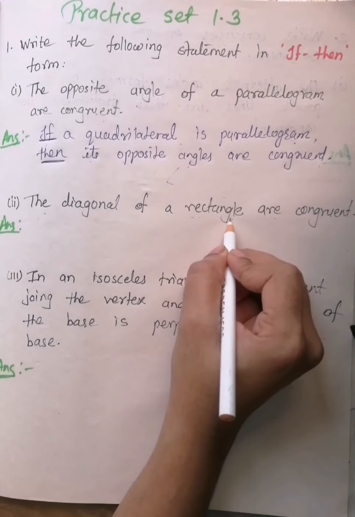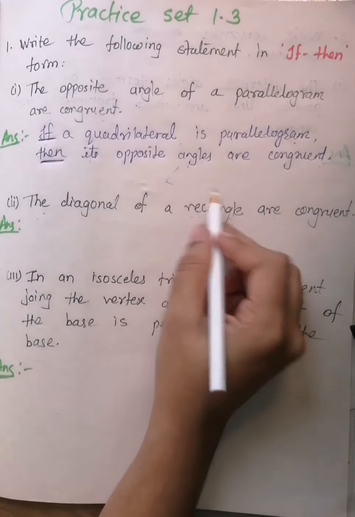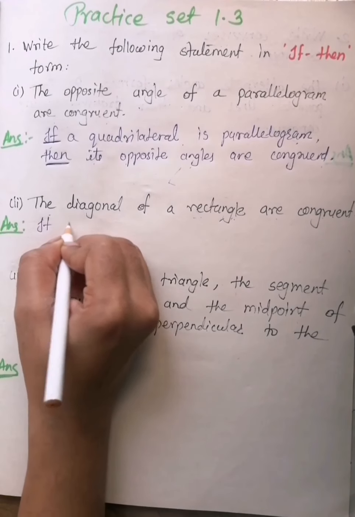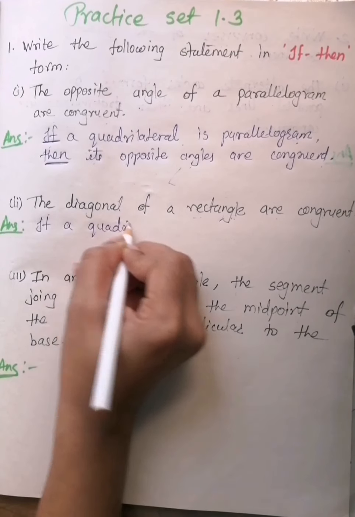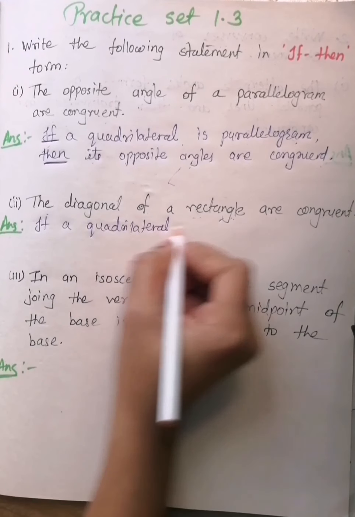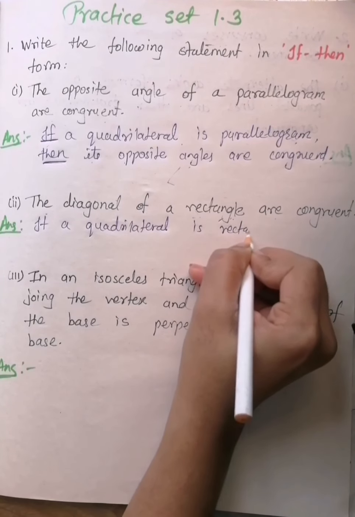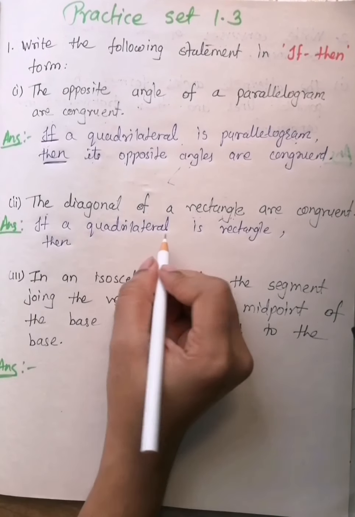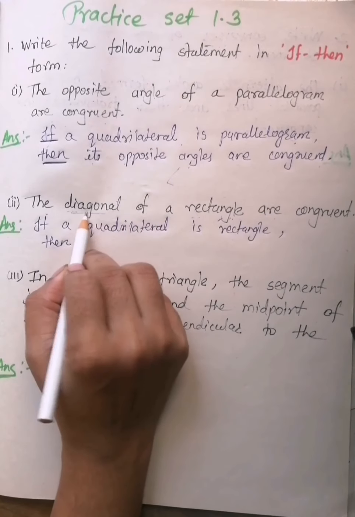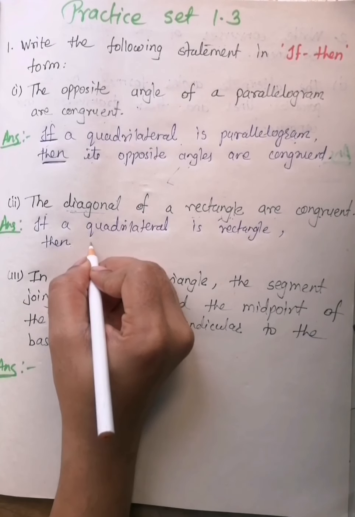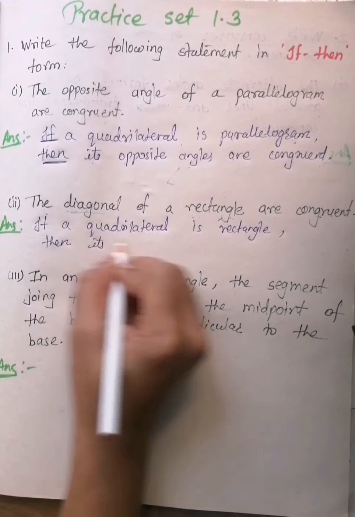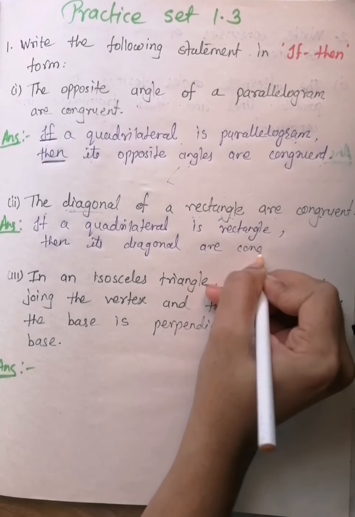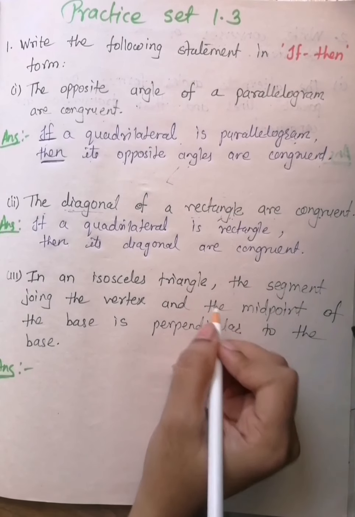Again we have a rectangle having 4 sides, so we write: if a quadrilateral is a rectangle, then its diagonals are congruent. Means they are equal to each other.